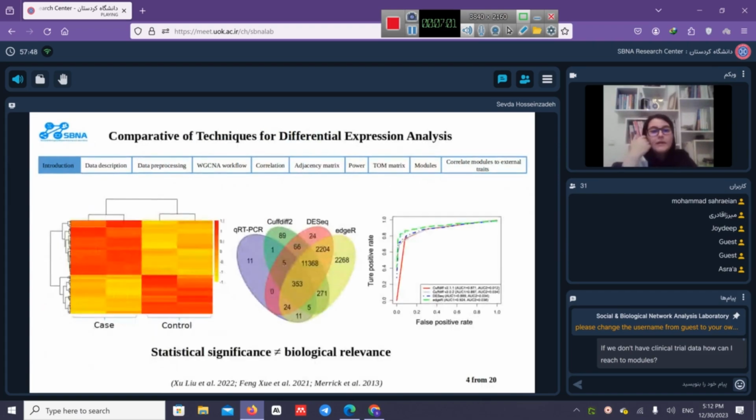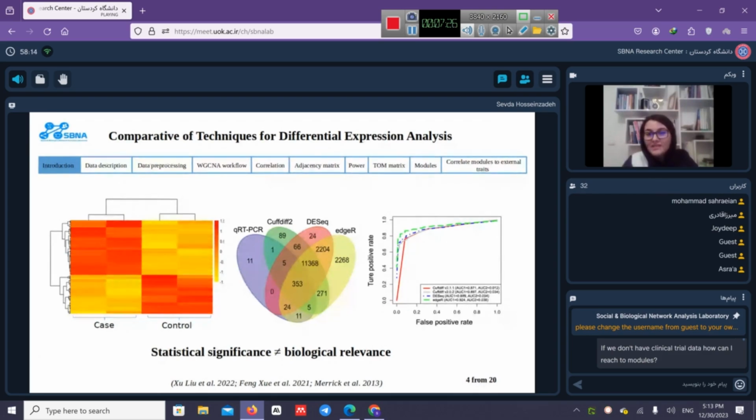At the first step, we know there are different methods for identifying the differentially expressed genes. For example, we can use Cuffdiff, DESeq2, and edgeR for getting the differentially expressed genes based on the p-value. And we said that if a gene has a p-value less than 0.05 or 0.01, that's a significant gene.